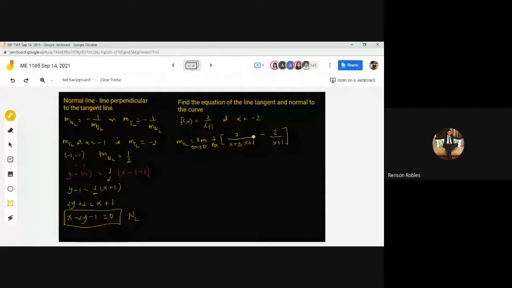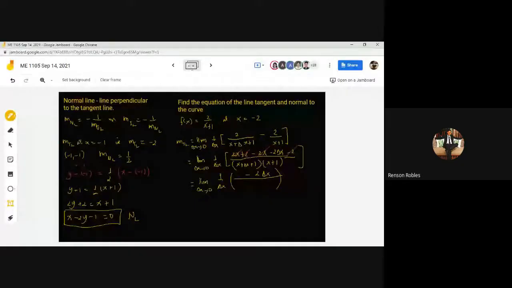So you will have limit as delta x approaches 0, 1 over delta x, and then x plus delta x plus 1, then times x plus 1. And then you just cross multiply. 2 times x plus 1, 2x plus 2, minus 2 times x plus delta x plus 1. So minus 2x minus 2 delta x minus 2.